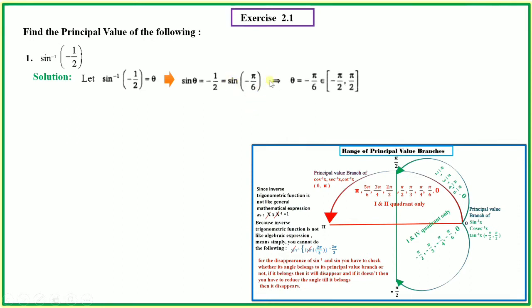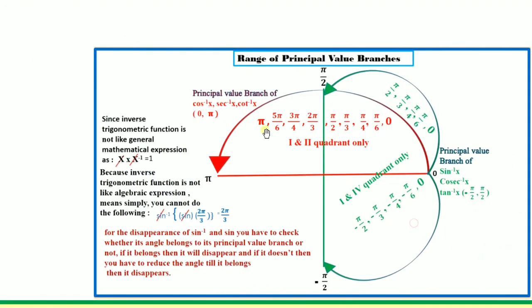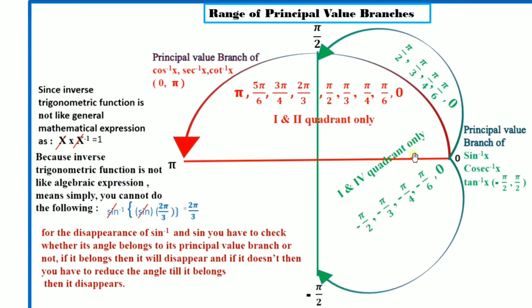Now the angle is minus pi by 6. We need to check whether this minus pi by 6 belongs to the principal branch or not. As you can see, sine inverse belongs to the range from minus pi by 2 to plus pi by 2, and minus pi by 6 falls between these two vertical lines.